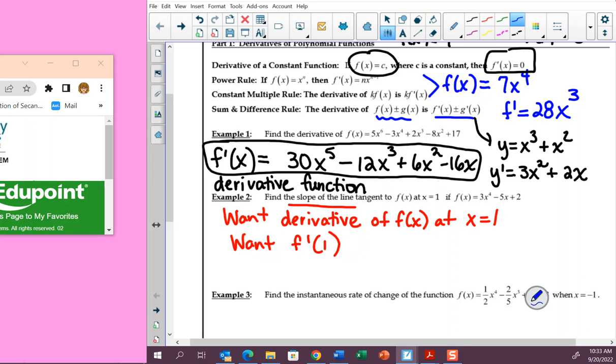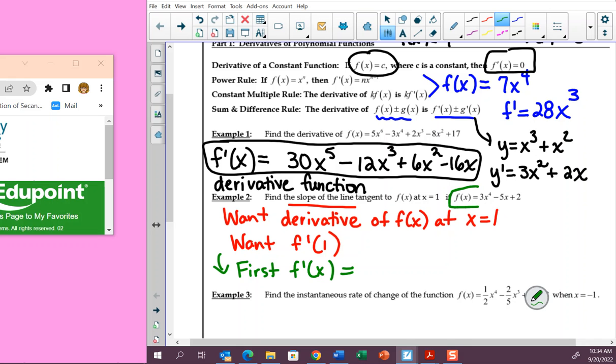If I want the derivative value, but I want to use shortcuts, f prime of 1 first requires f prime of x.